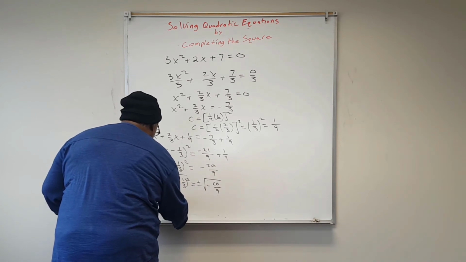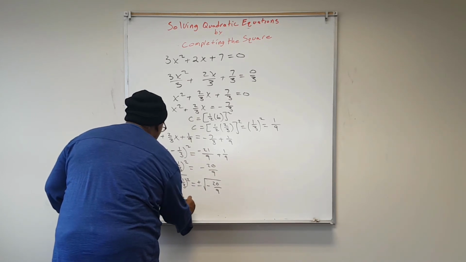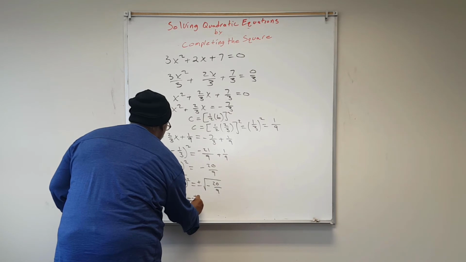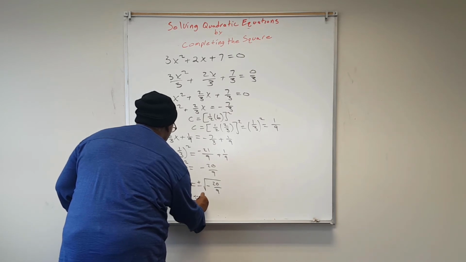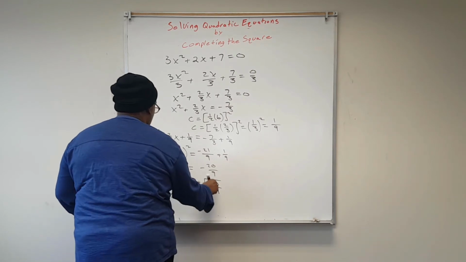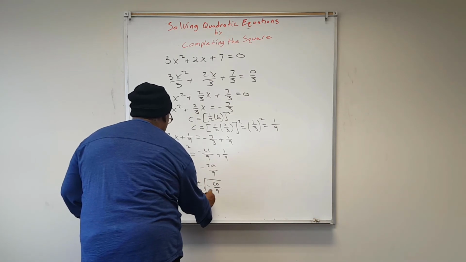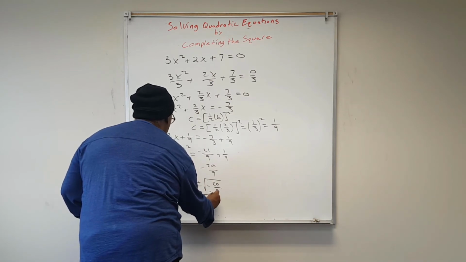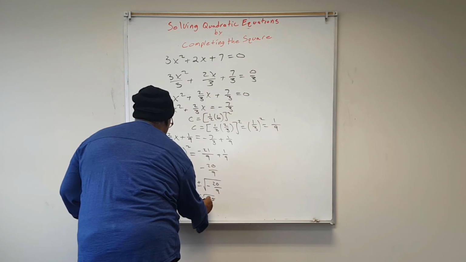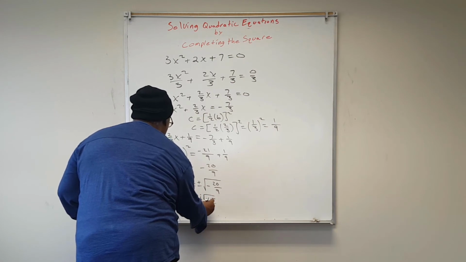We get x plus 1/3 equals plus minus i, and I'll rewrite it here as 4 times 5. The square root of 9 is 3.